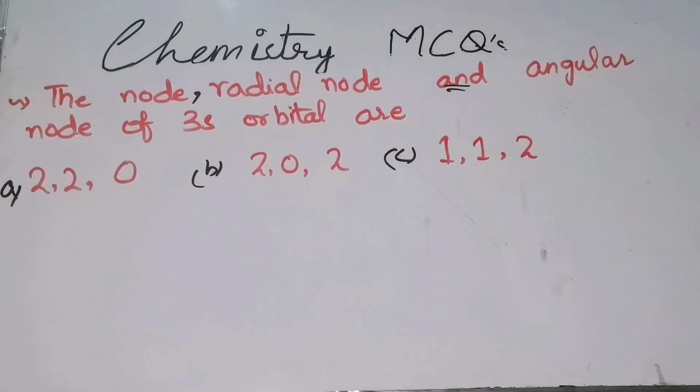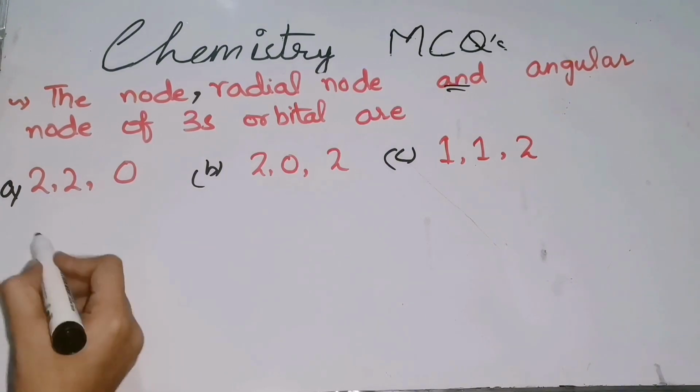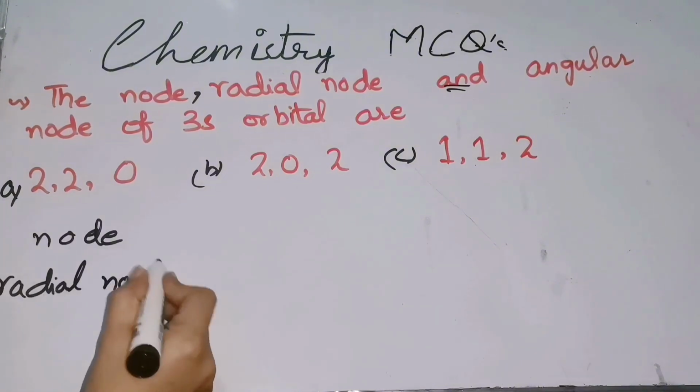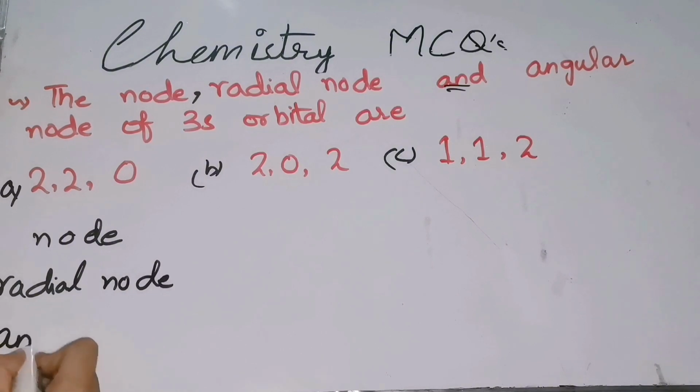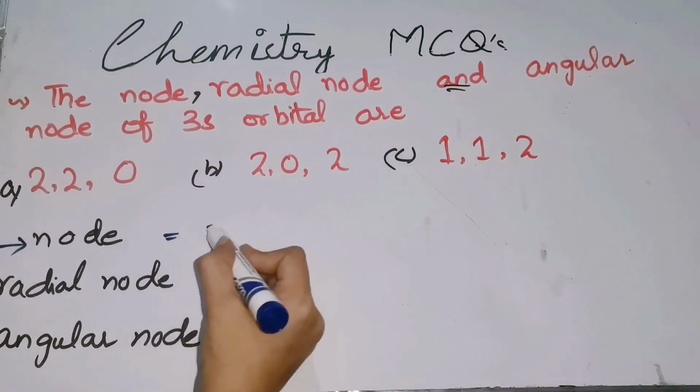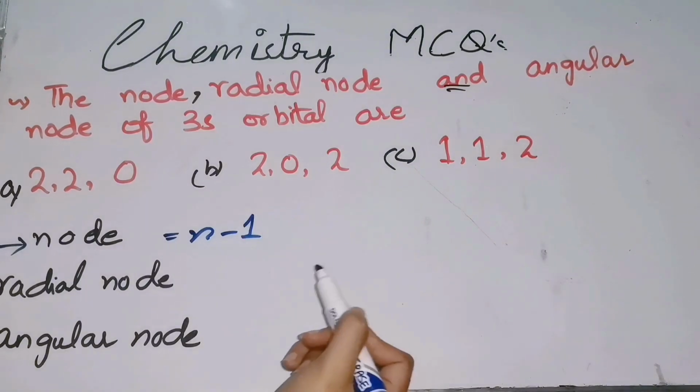Now the next MCQ is the node, radial node and angular node of 3s orbital are. So we have to find node, radial node and angular node. The formula for node is n minus 1.